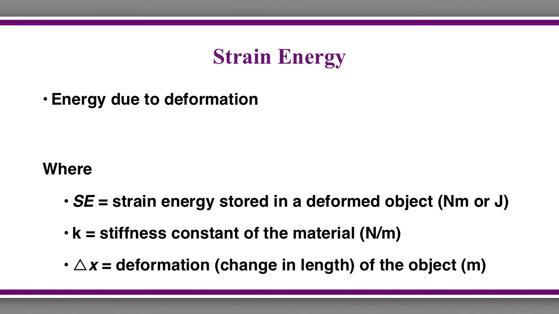In calculating strain energy, which is again the energy due to a deformation of an object, strain energy is equal to 1/2 K delta X squared, where SE is equal to the strain energy stored in the deformed object, which is measured in joules.